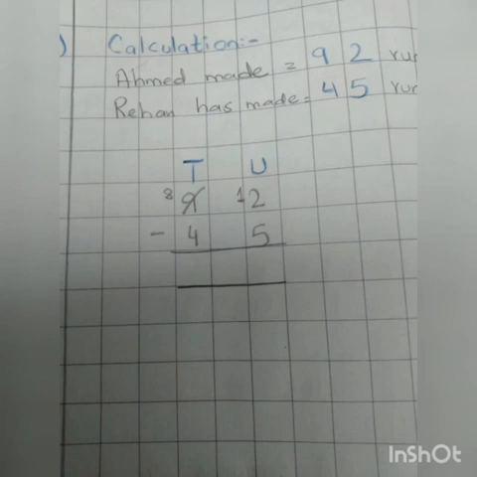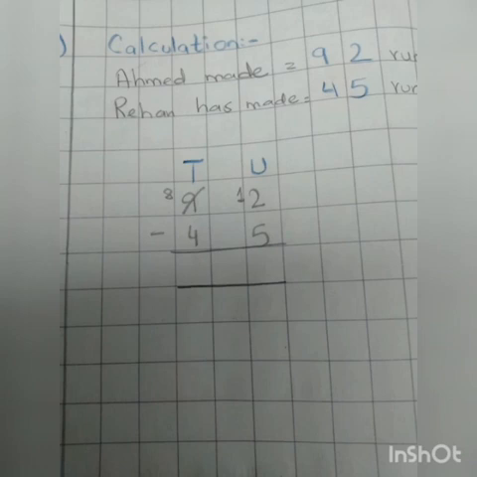Yes. Now you have to do it like this. Ahmed made 92 runs and Rehan has made 45 runs. So, first of all, you will take away 5 from 12. Then what will be the answer? The answer is 47.